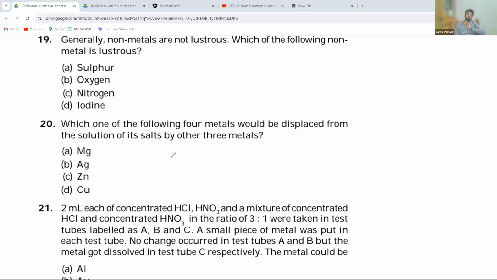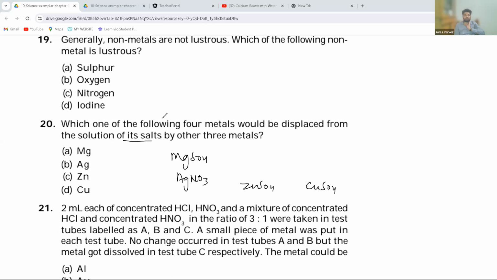Okay, so please everyone, note this question in your copy. It is saying which of the following four metals would be displaced from the solution of its salt. For example, we have magnesium sulfate, AgNO3, zinc sulfate, and copper sulfate.